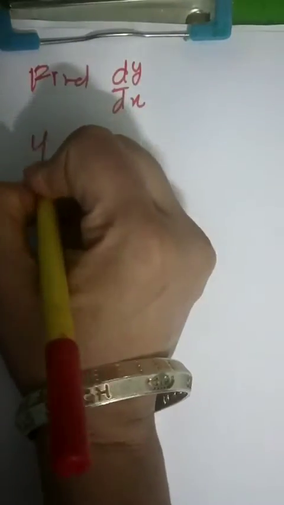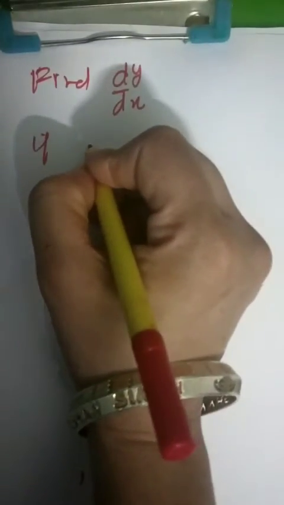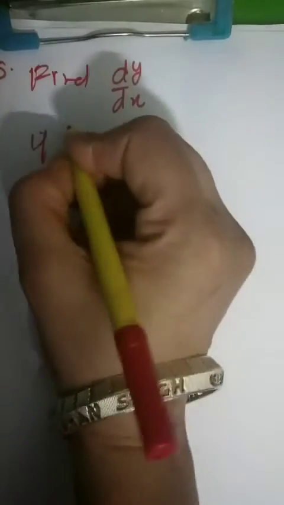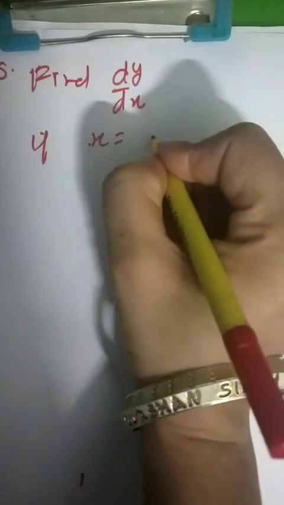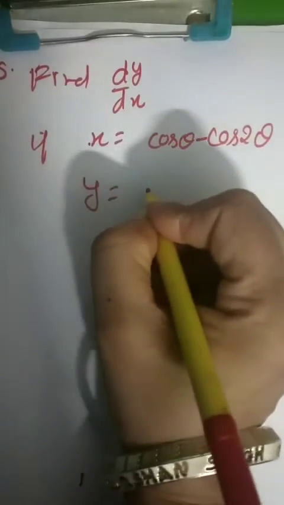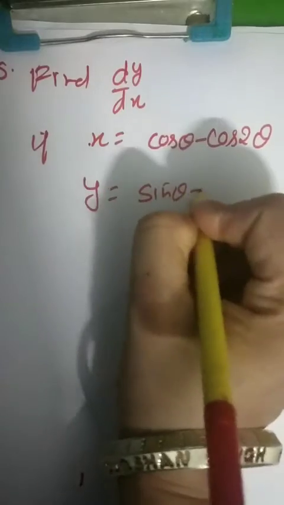Now we can see one more example of the same. Again, you have to find dy upon dx if, this is the fifth question, x is equal to cos theta minus cos 2 theta and y is equal to sin theta minus sin 2 theta.